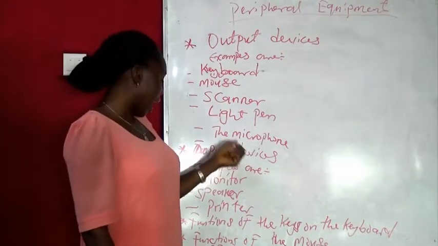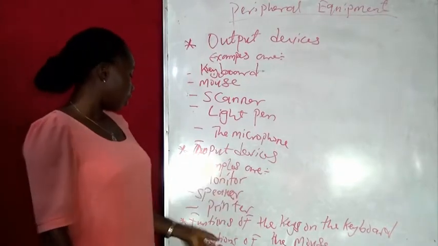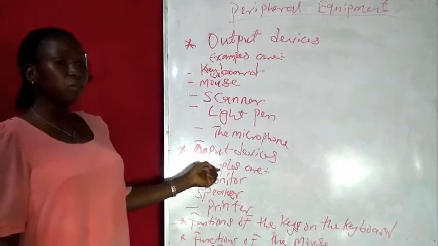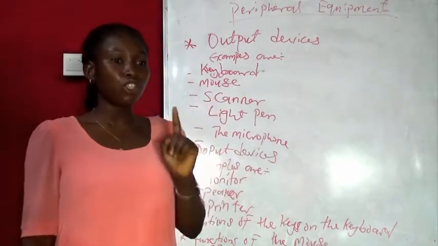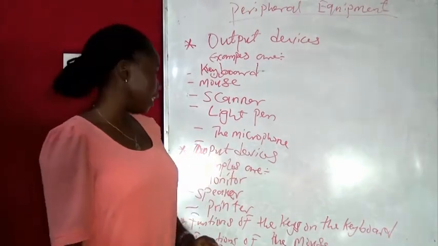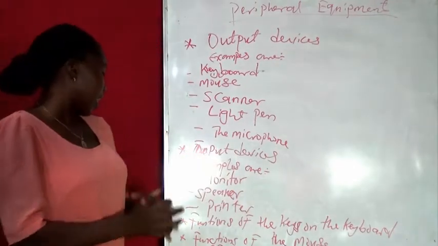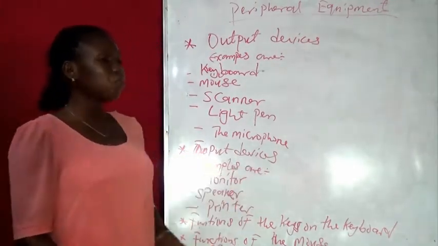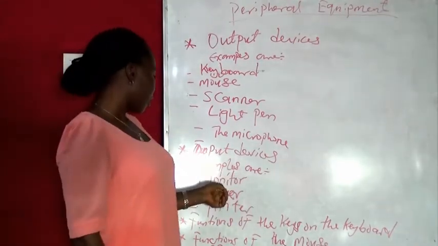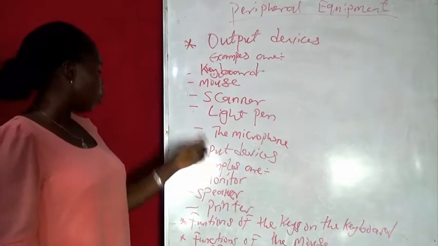Now we have the following as examples of output devices. We have the monitor, the speaker, and the printer. First, another name for the monitor is VDU, which stands for Visual Display Unit. It shows you the work done in a computer. Now your speaker helps you to listen, to communicate back to you that the computer is giving you back the information you want to listen to.